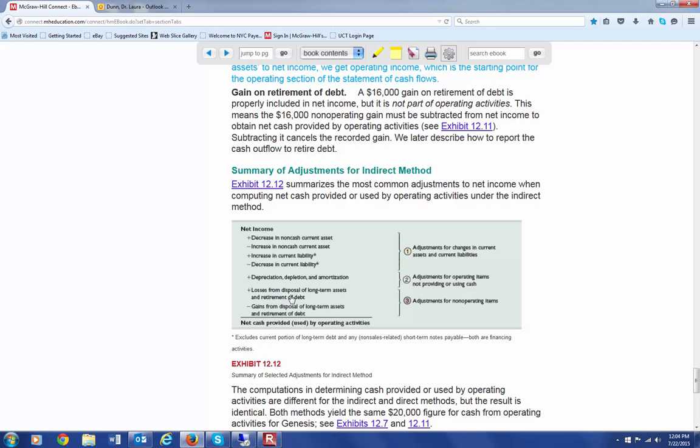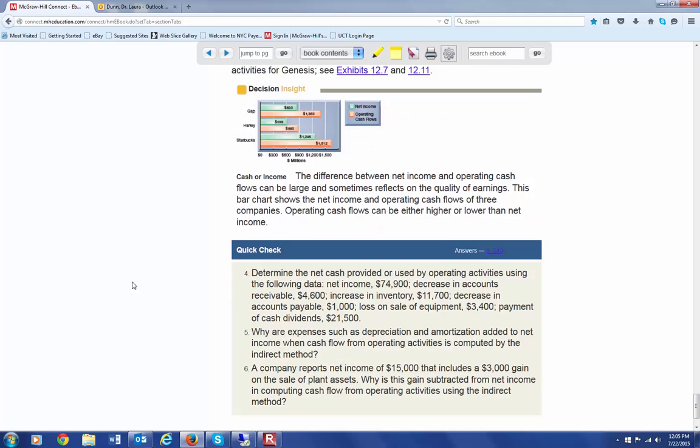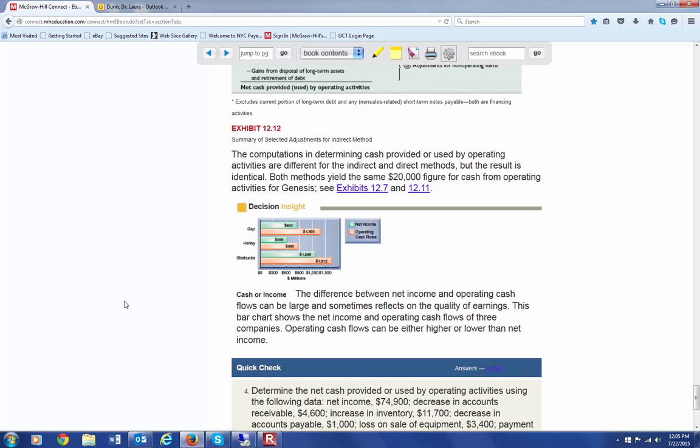You add back losses from disposal of long-term assets, and you subtract gains from disposal of long-term assets. And that will give you your net cash provided or used by operating activities. Remember, we haven't done the other two areas yet. This is just for the section on operating activities. Again, this is the indirect method. The direct method you will see in the appendix 12B, I believe it is.